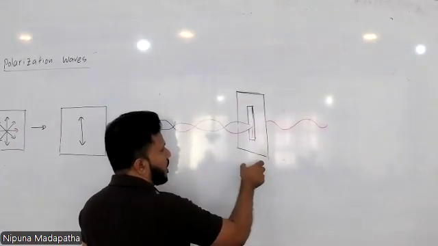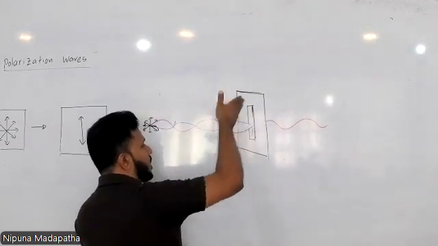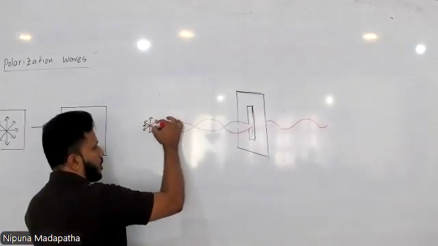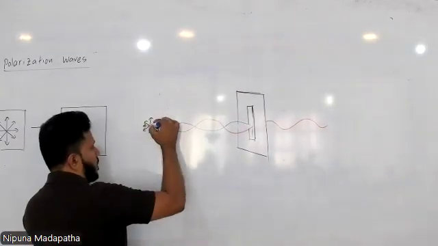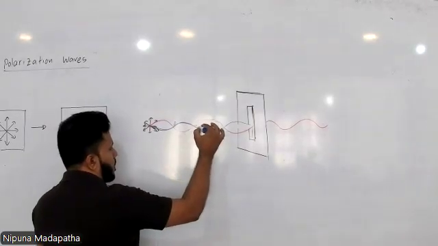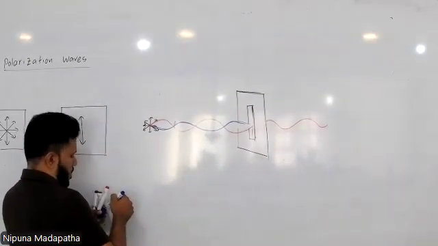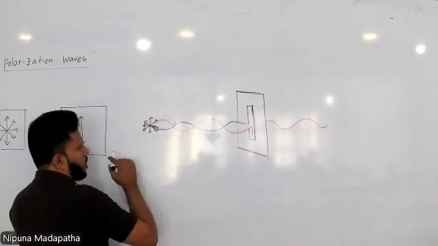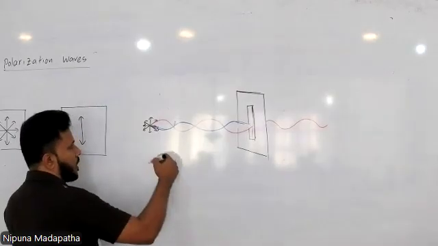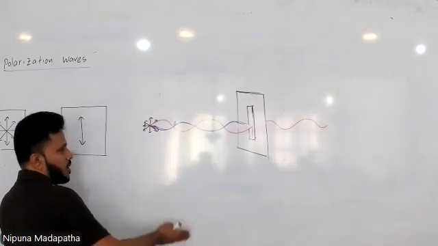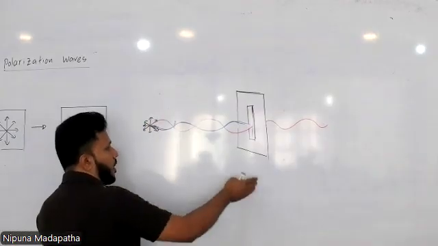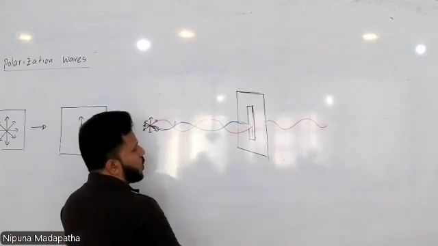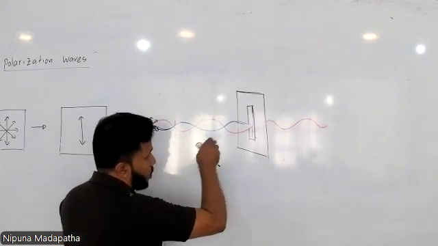So the slit is vertical and we have the vertical oscillation. Only the waves which vibrate in the plane parallel to where the slit is pass through this slit, right?